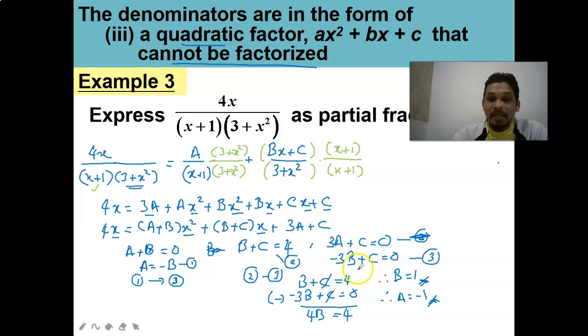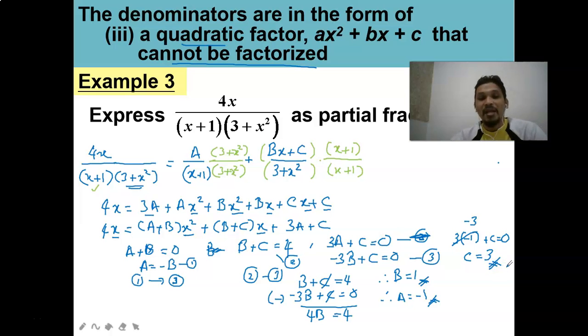And then 3A plus C equals 0. Let's substitute A equals negative 1 into this equation. 3 times negative 1 plus C equals 0. This becomes negative 3, so C equals 3.